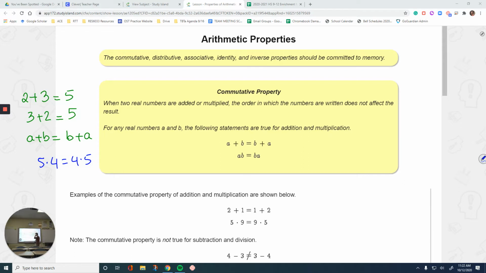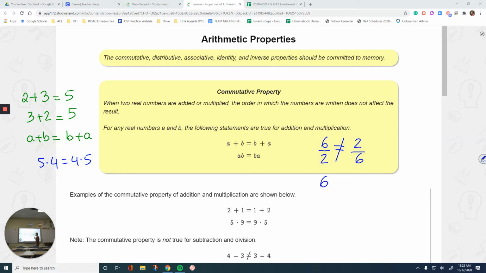Here's a counterexample about division. 6 over 2, and just commute the terms, switch them around. These are not equal. That one is 3, that one is 1/3. Not the same. Same thing with subtraction.